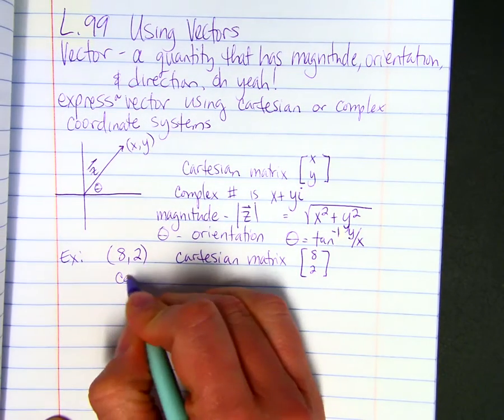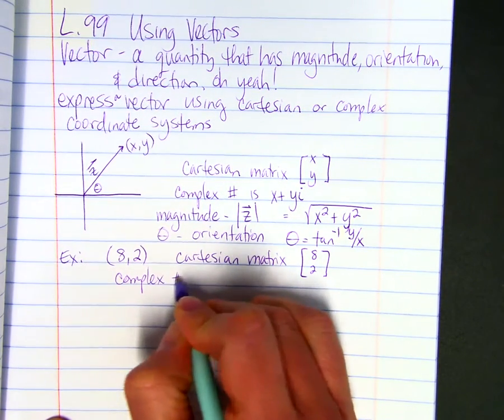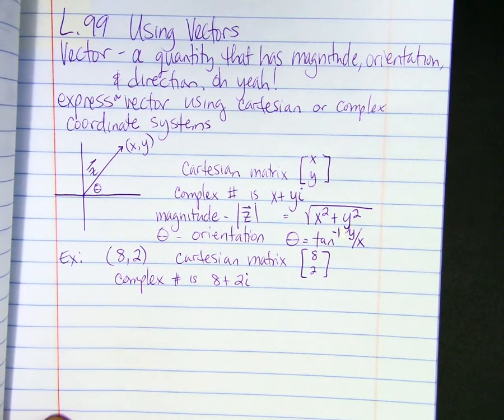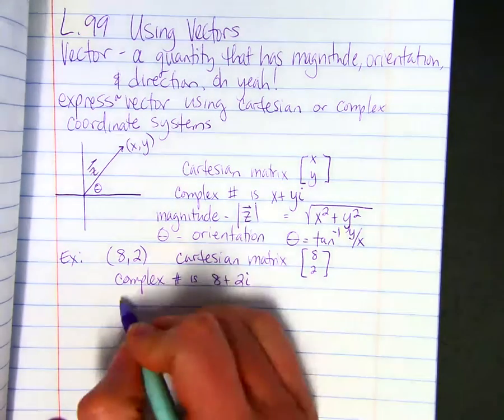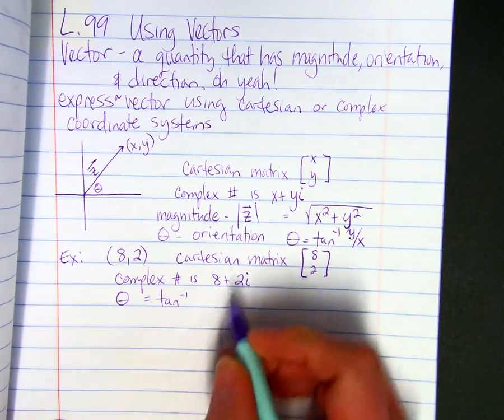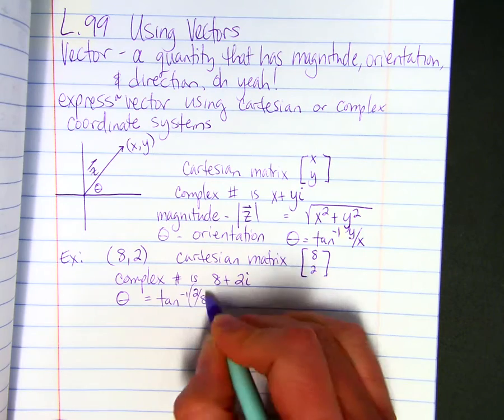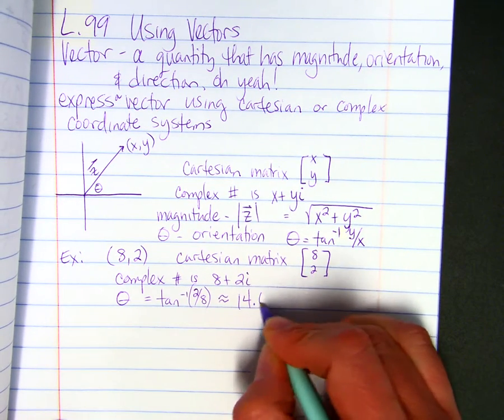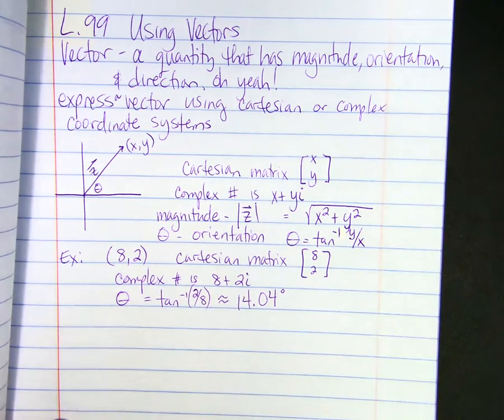The complex number is 8 plus 2i. The theta is tangent inverse of 2/8, which is approximately 14.04 degrees.